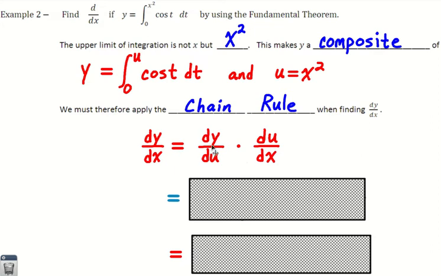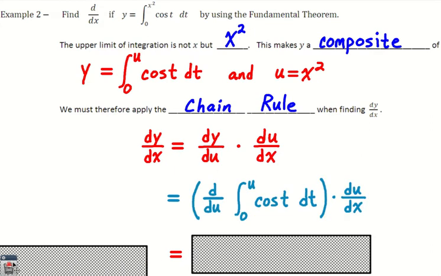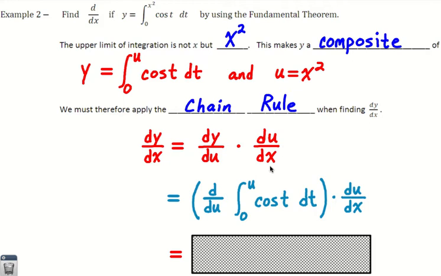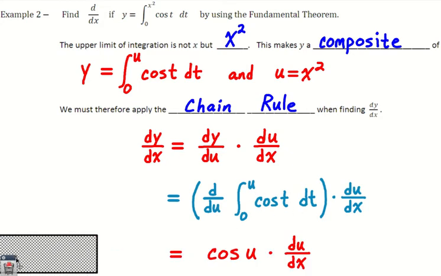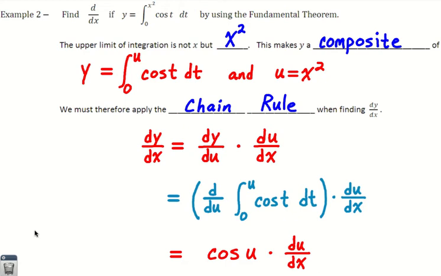So du dx is going to be your chain rule type thing, and we're going to do d du of basically this, where that is kind of like u, and long story short, we're just going to be doing the cosine of u times du dx. And, again, pause the video if you need to.